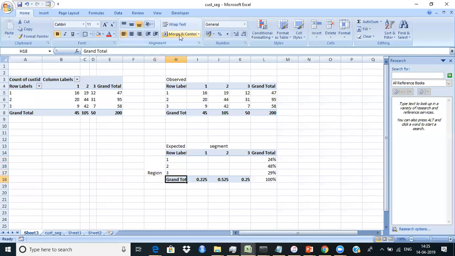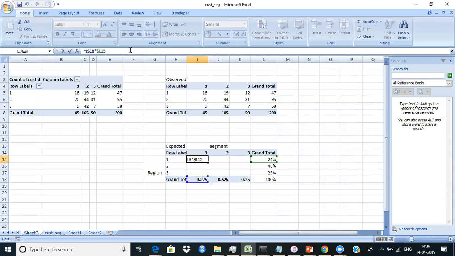If region and segment are independent, what is probability of getting a person from region 1, segment 1? 0.225 into 0.24, isn't it? Okay. This is the probability, right? If this is the probability, how many people are expected to be here?